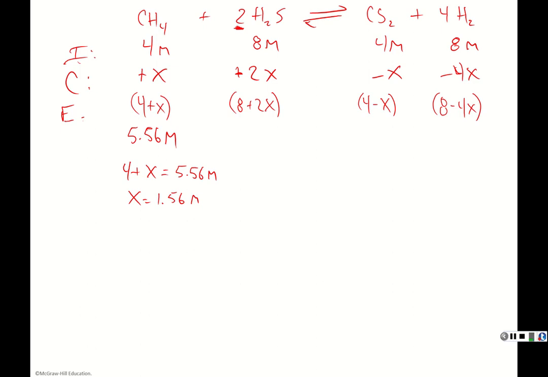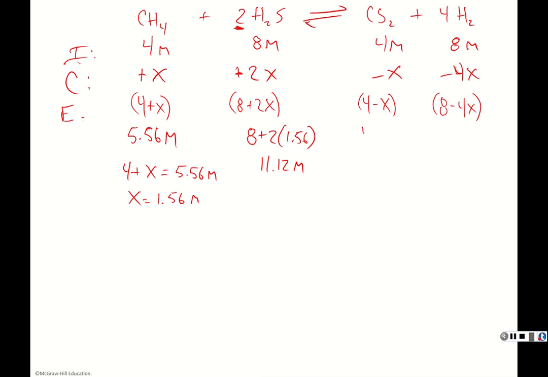We can simply plug that into our expressions for all these others. So H2S would become 8 plus 2 times 1.56, which would be 11.12 molar.